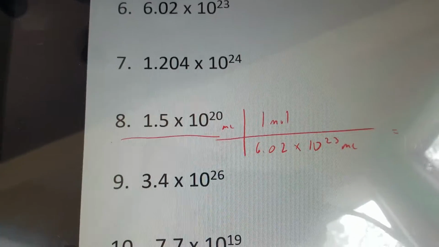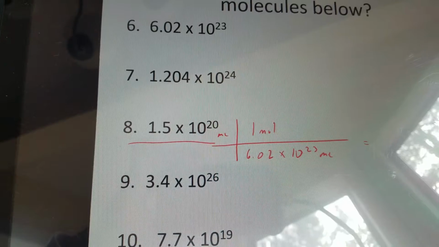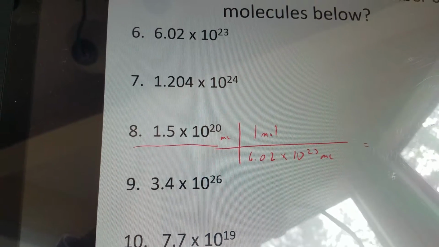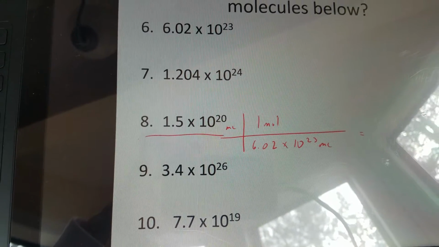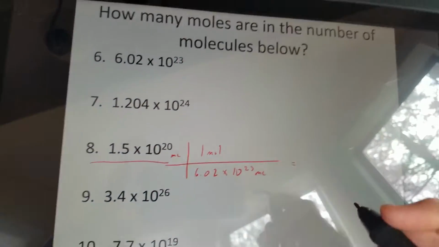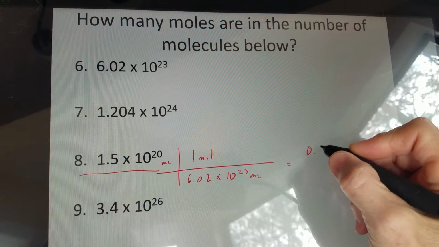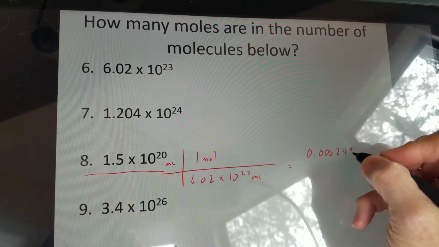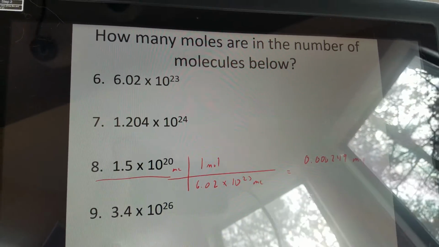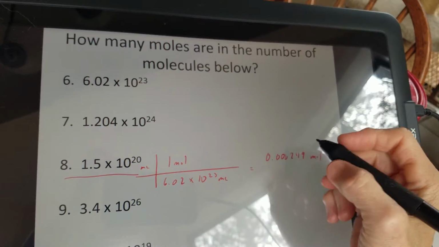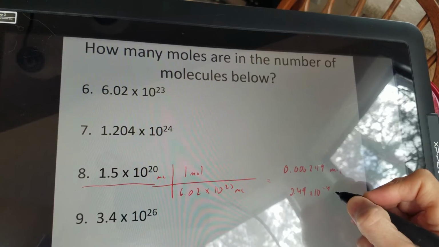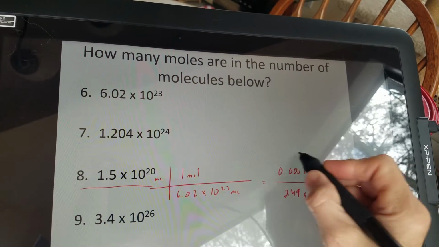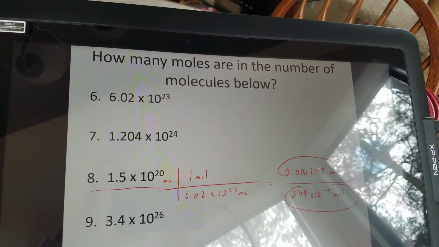So again, to plug this in, I'd say 1.5 EE, or maybe EXP on your calculator, 20, then divide by 6.02 EE 23, equal sign. Now this one extended it out, so you may get this, or you can put it in scientific notation. Either answer would be correct.